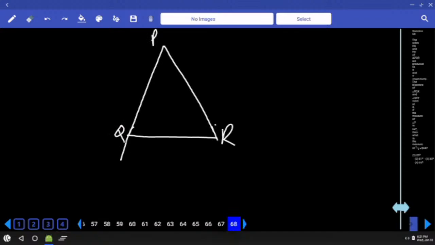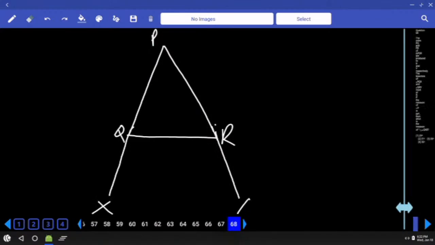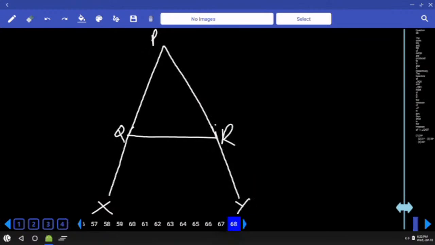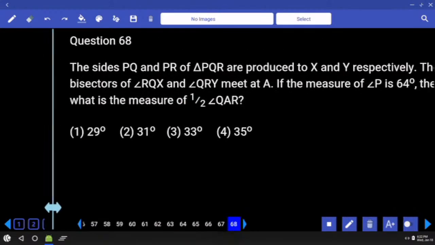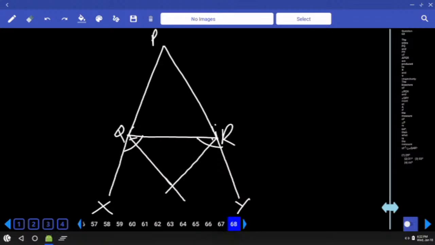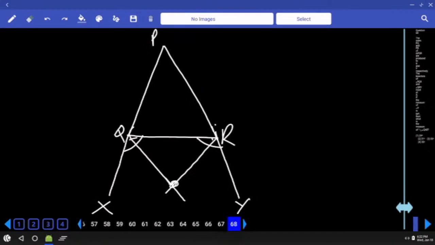PQ as well as PR are extended to points X and Y. Now it is saying the angle bisectors of angle RQX, this angle here, have been bisected, and angle QRY, this angle here, is also bisected. They are meeting at which point? At A. They are meeting at point A.